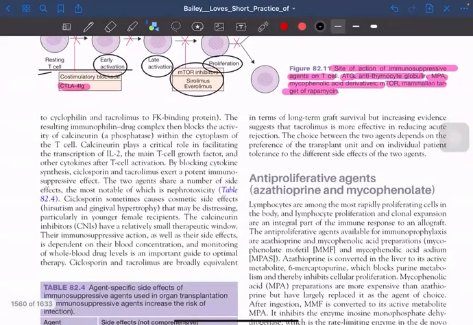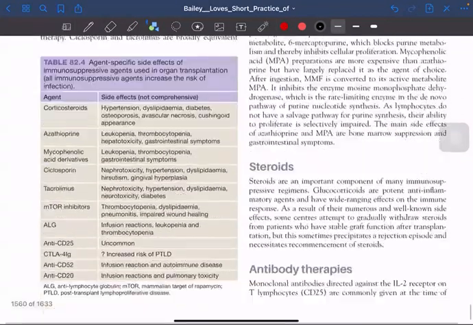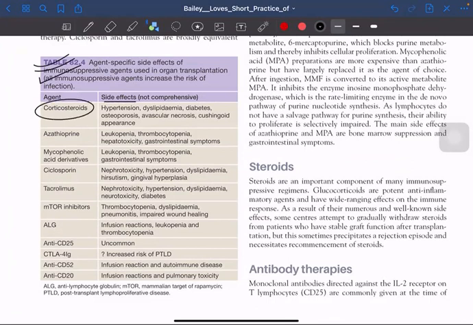If you look at table 82.4, it shows us the various side effects of the immunosuppressive agents.